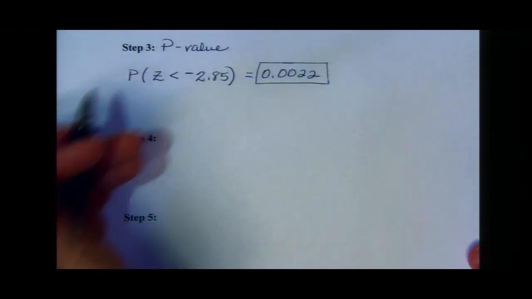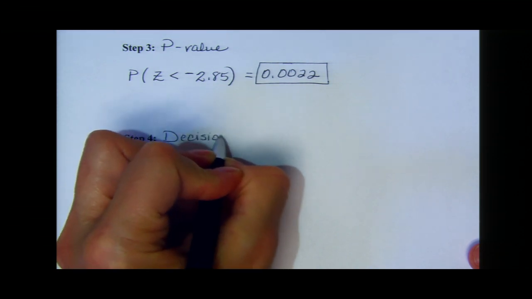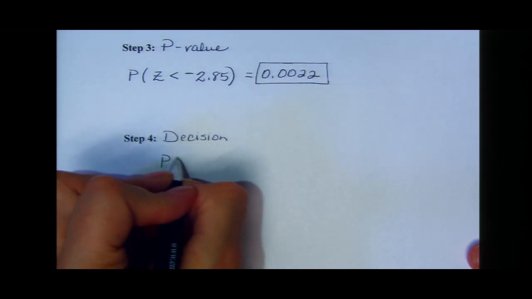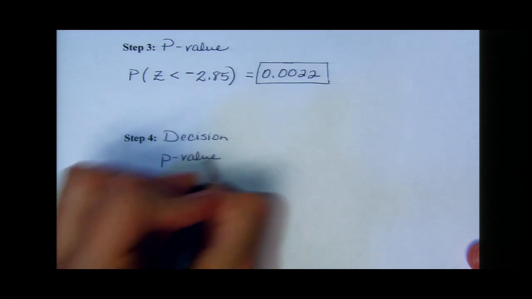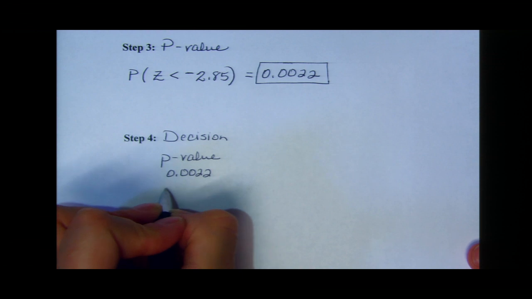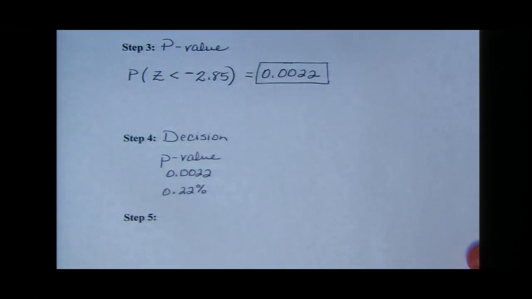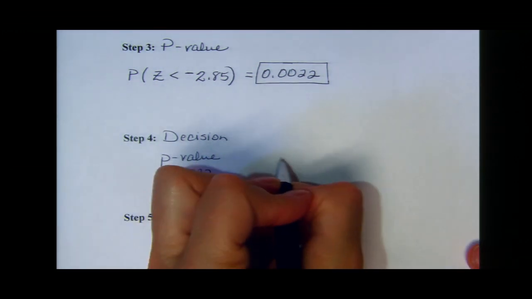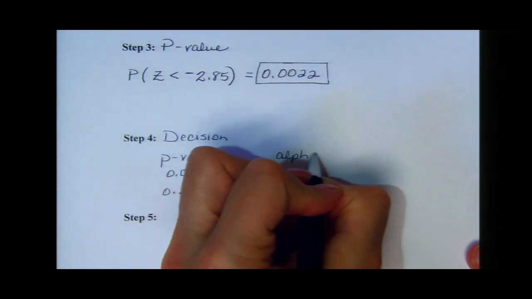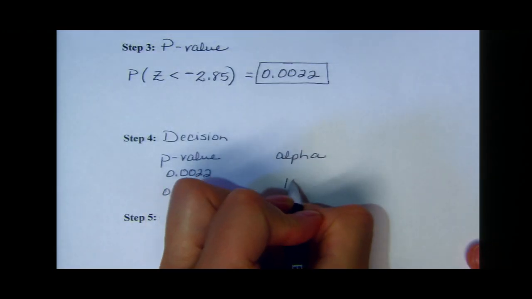So then in step 4, for our decision, we're going to compare the p-value. Again, I'm going to convert that to a percentage, which is 0.22%, less than 1%. And we're going to compare that to alpha, which this problem said to use 1%.